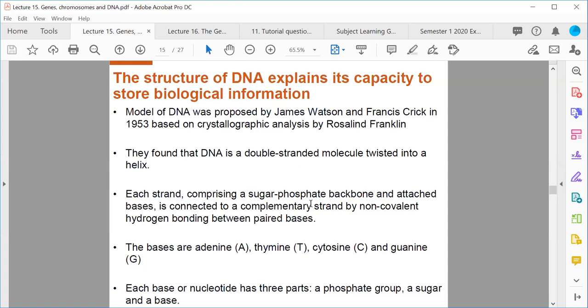Each strand comprises a sugar phosphate backbone and attached bases, and each strand is connected to a complementary strand of nucleotides, and the bonding is non-covalent, that is, it is hydrogen bonding which exists between the paired bases. We know that the bases in DNA are adenine, thymine, cytosine and guanine, and we also know that each nucleotide has 3 parts: a phosphate group, a sugar and a base.